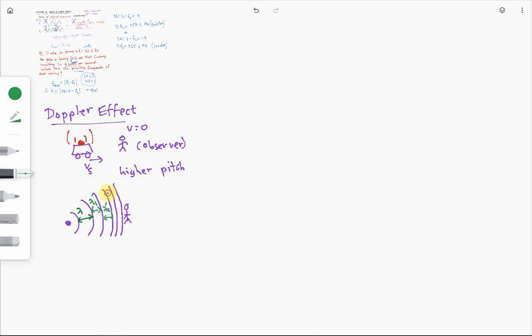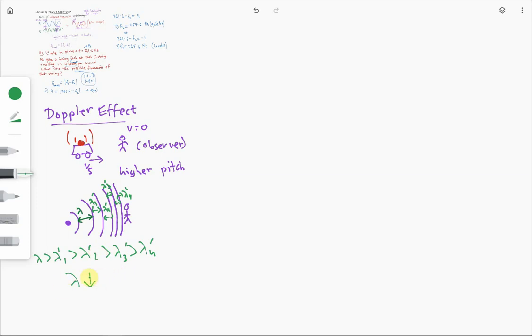And let's call this lambda 3 prime, and let's call this lambda 4 prime. In this phenomenon, you can clearly see that lambda is greater than lambda 1 prime, which is greater than lambda 2 prime, which is greater than lambda 3 prime, which is greater than lambda 4 prime. So the waves get closer together. Wavelength seems to be decreasing as the source moves towards you.